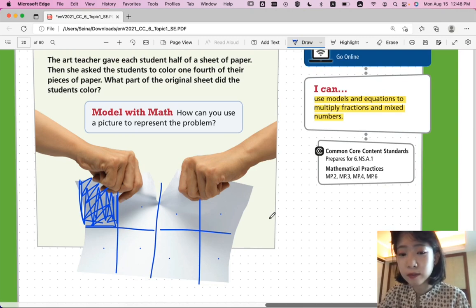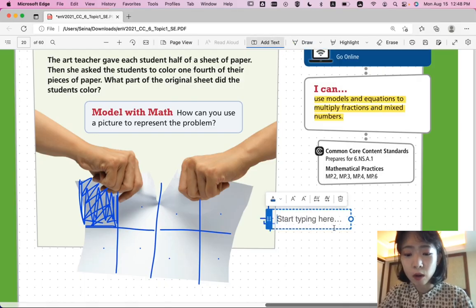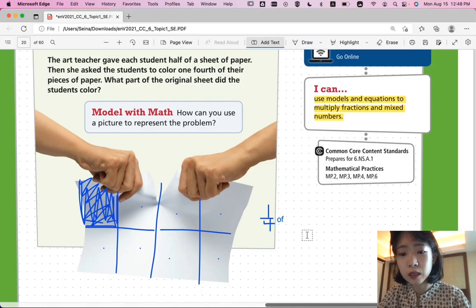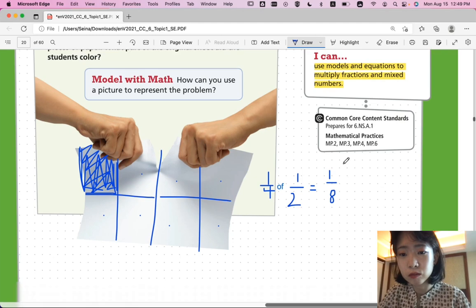So we'll have 1/4 of 1/2 is equal to 1/8. Okay.